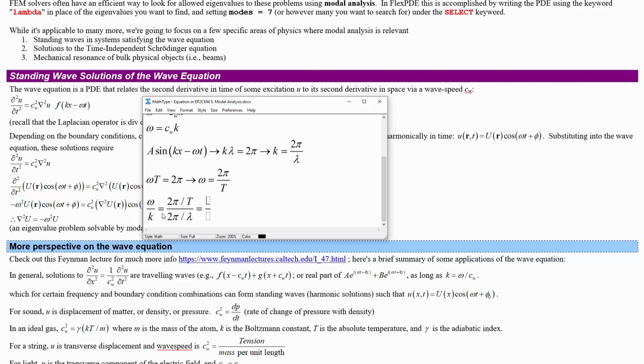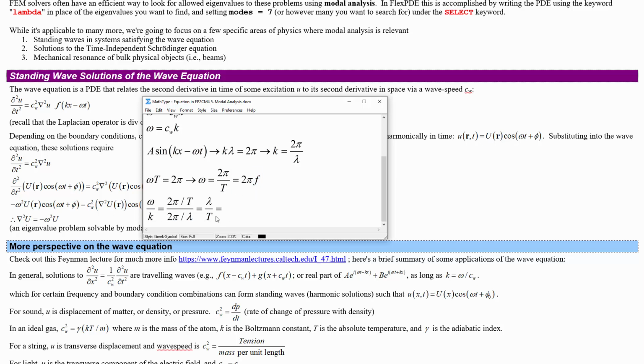So that's equal to the wavelength over the period. And you might also know that the inverse of the period is the frequency. Why is that? Well, the period is the number of seconds per cycle, while the frequency is the number of cycles per second. So they're inverses by definition.